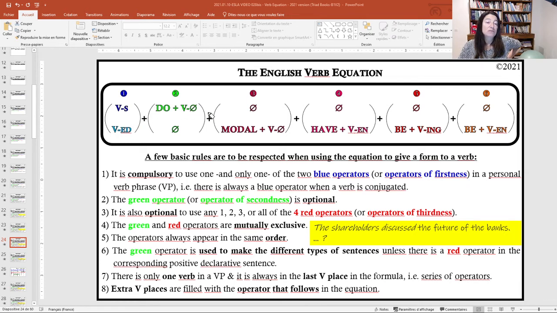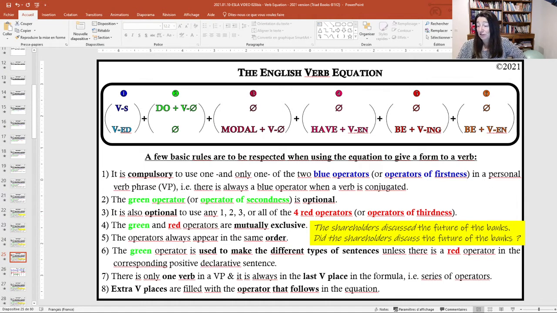Let's use do plus V0 to ask the question, which will be, you have already guessed. Otherwise, please pause the video because it is really, really important to be proactive, focus, answer the questions. That's the best way to learn. And the positive interrogative sentence here is, did the shareholders discuss the future of the banks?